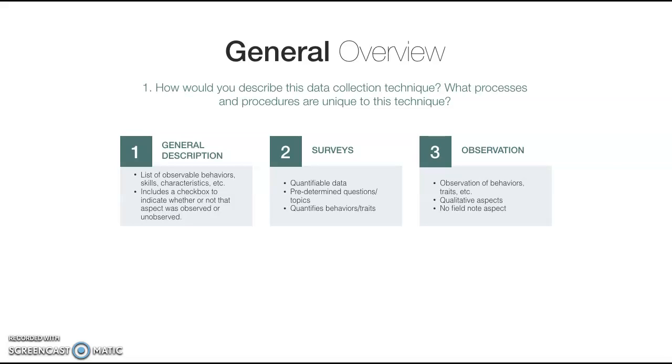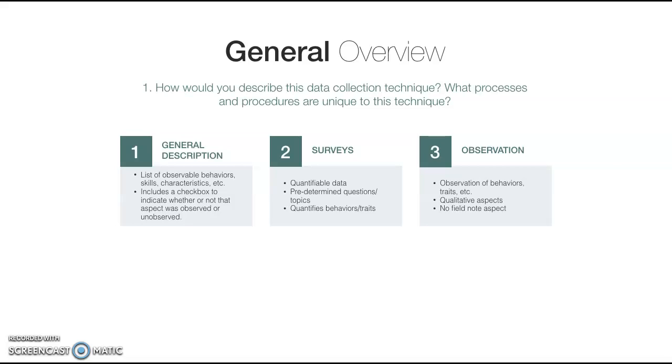In terms of observation, obviously checklists are going to require observation because you are observing something, usually a behavior, a trait, a characteristic of something, a skill even. And observation is very qualitative. In this sense, checklists do include qualitative data, or could, but they are quantified because we are just using a checkbox for observed or unobserved behaviors.